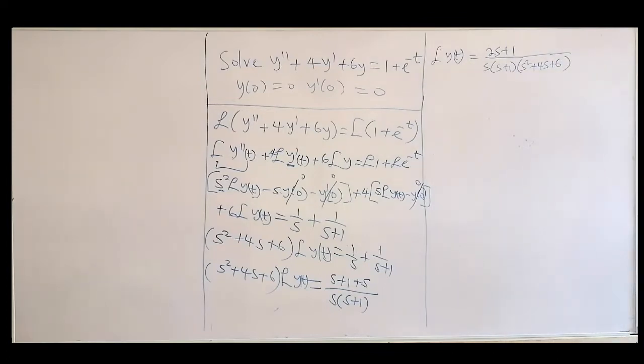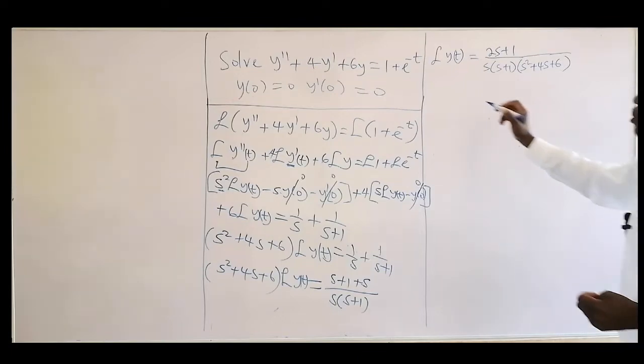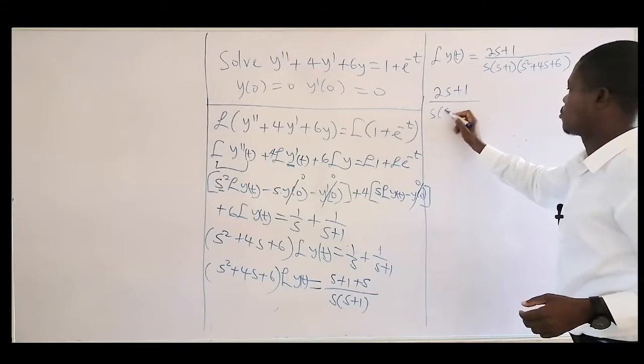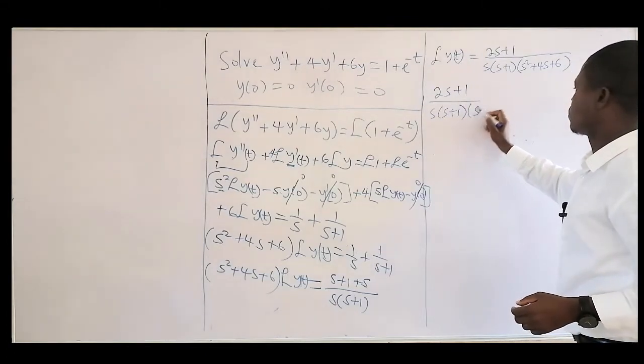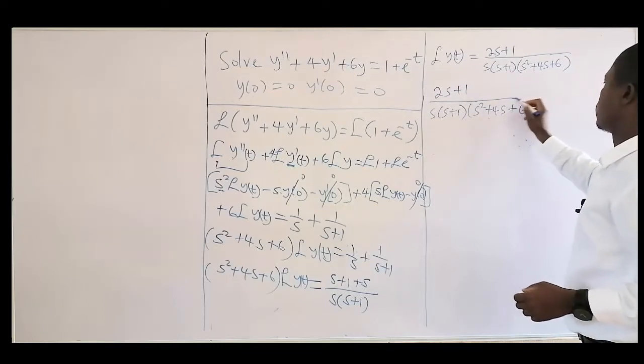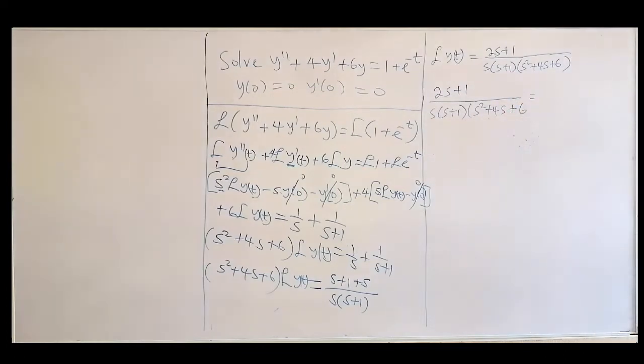So we have this. This expression can be solved using partial fractions before getting the inverse. This will now become A over s plus B over s plus 1.